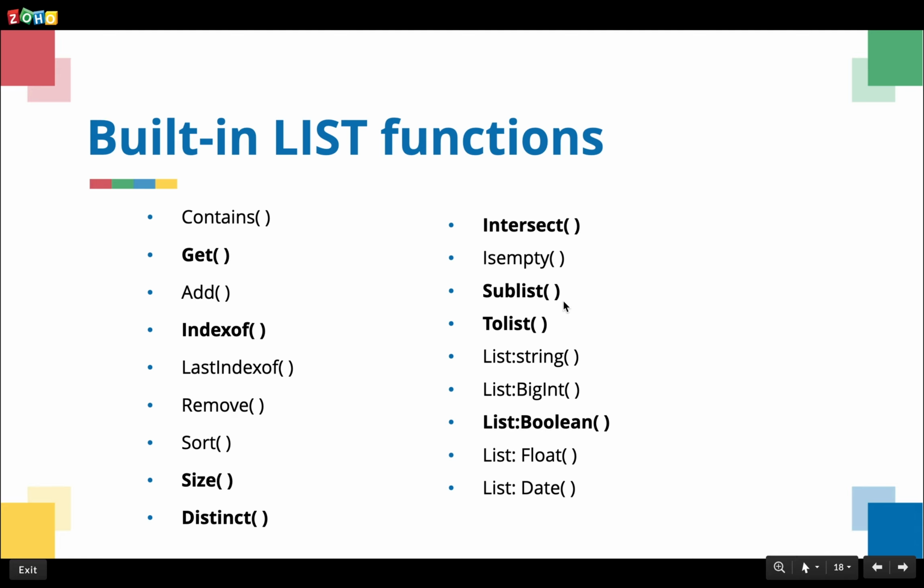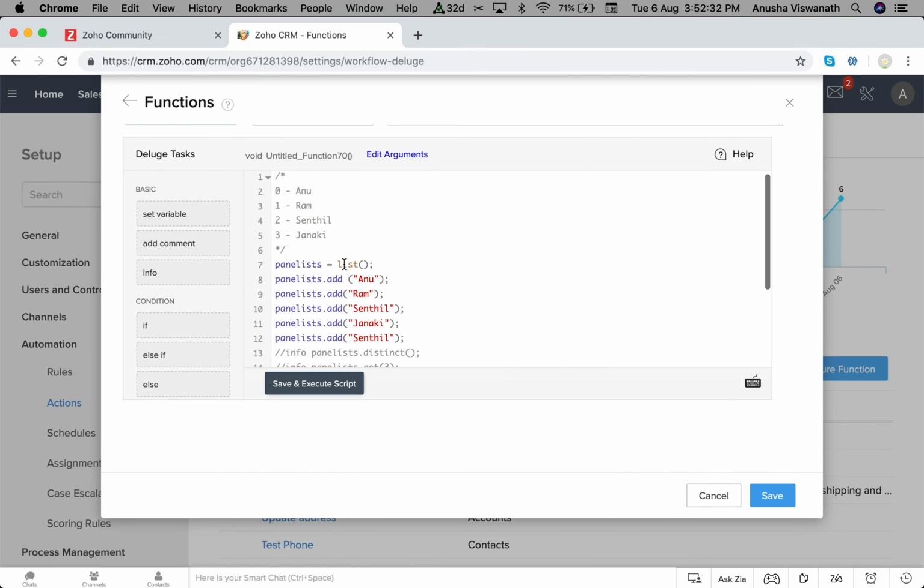Now sublist. Sublist, like I said, allows you to create a smaller list by mentioning the starting and the ending index or the position from the list. To be more clear, if you were to go back to our first panelist list, and you want to pull out just these three, this is in position 0, position 1, position 2, position 3, position 4.